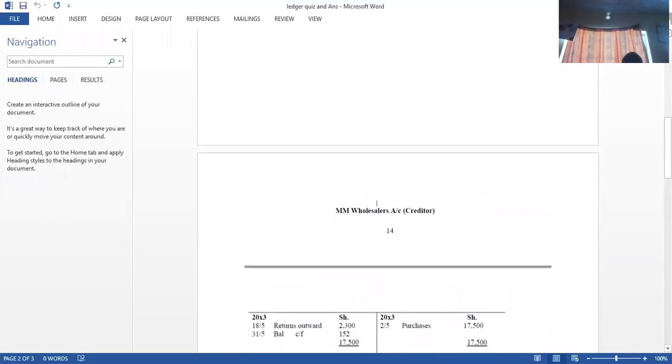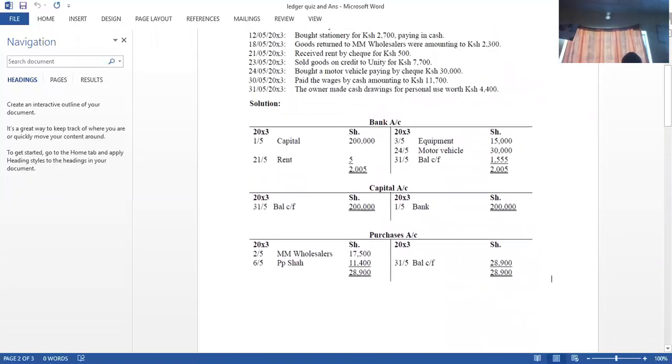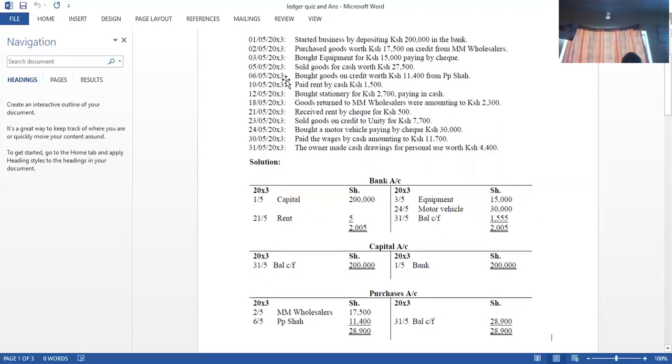The next transaction actually took place on 06/05, and it is bought goods on credit. Remember, bought goods on credit is the same as purchased goods on credit. If they were bought on credit, they must be recorded in the purchases account and the name of the creditor, who in this case is PP Shah.